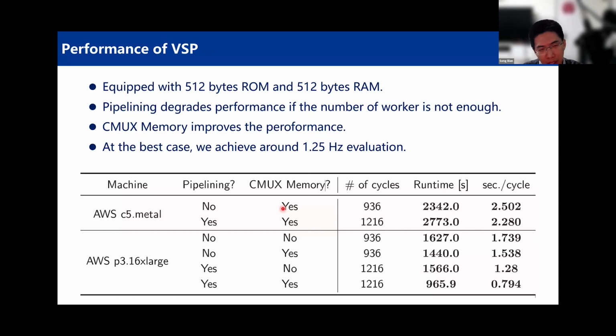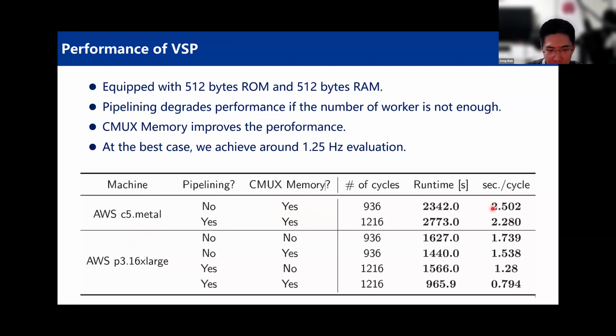We are benchmarking a program of computing the Hamming weight between two 8-bit integers. And we tested on two machines. One is a 96 core CPU machine, and we're getting 2.5 seconds per cycle.